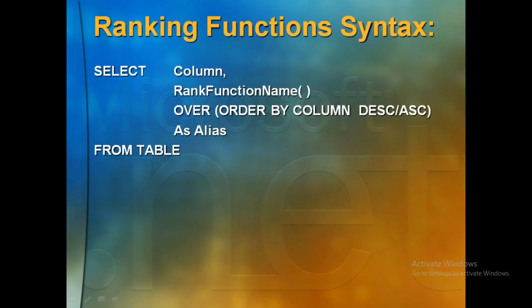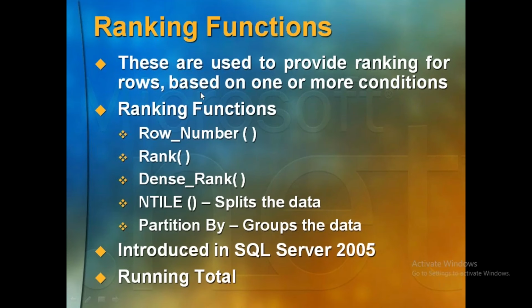So you can select star. Star means all columns, or you can write column one, column two, column three, like that, with commas. Then the ranking function name. Ranking function name means we have row underscore number, rank, dense rank. Function means you need to have these two braces at the end. Remember that. Partition by is not a function, it is a clause.